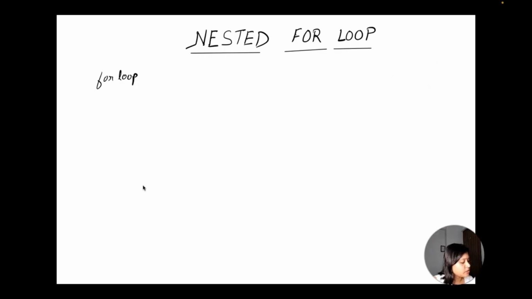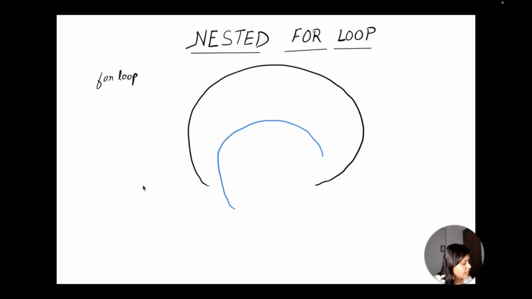Now in the case of a nested for loop, we have this particular loop, which is an outer loop, and inside that we have another loop, the inner loop, and this is my start point and end point, right? Once the loop starts, it checks a condition and then goes inside the loop.